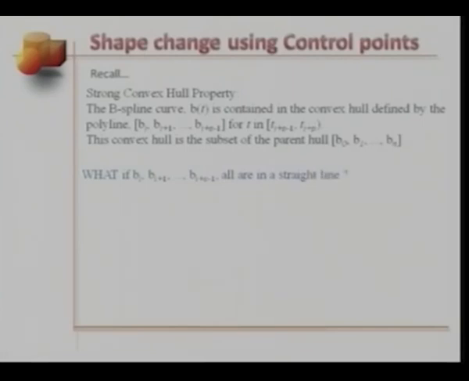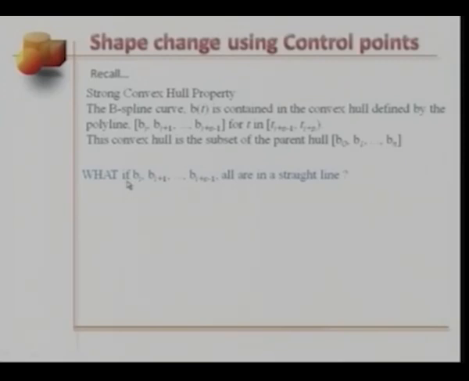Now the question, what if b_i, b_{i+1}, b_{i+2} up till b_{i+p-1} are all in a straight line? Don't get confused. All we have done here is we have changed the index. So the question again, what if these p control points are in a straight line?